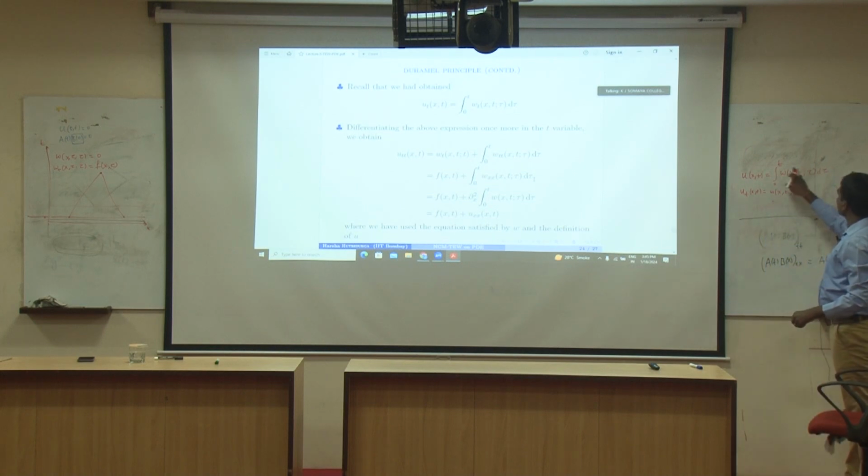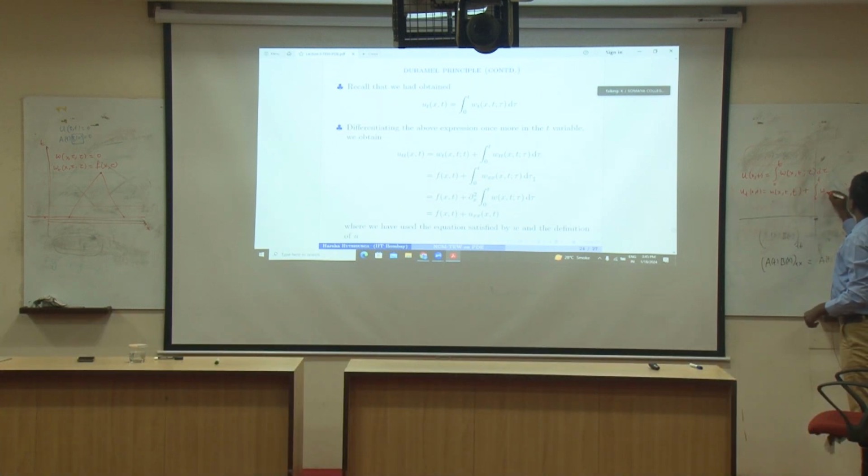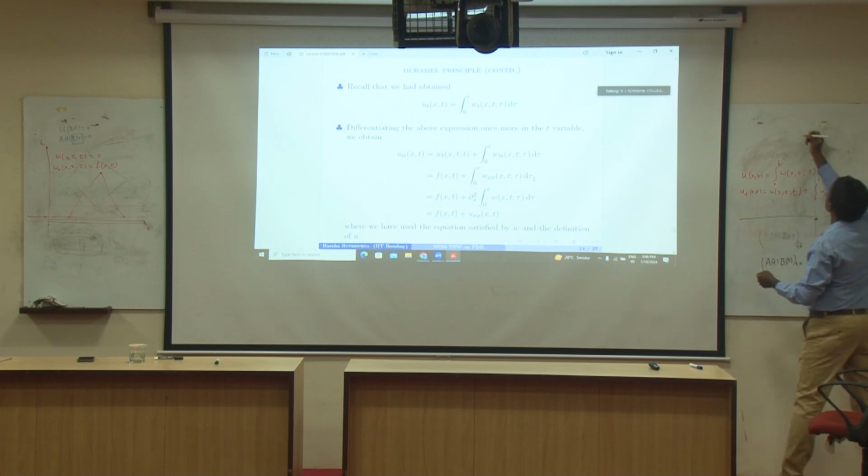I have to evaluate at this point and then multiply by the derivative of that, which is 1, plus the integral from 0 to t. The other term is when the derivative goes inside and hits the integrand, w_t(x,t,tau) d tau. Now w(x,t,t) is 0, because that's the initial condition that we are giving.